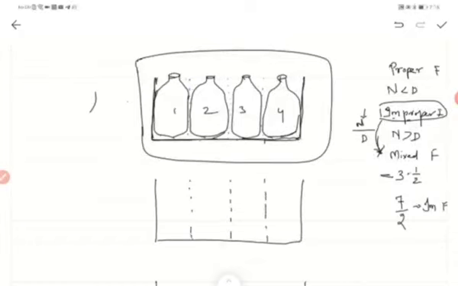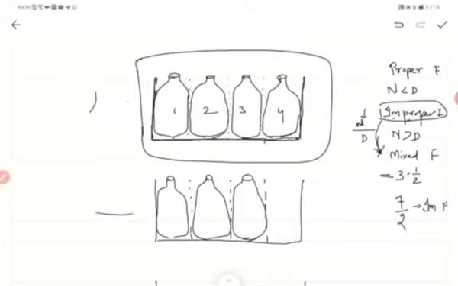Now when the same tray is filled up with only 2 bottles, let me take 3 bottles. So the same case, now I will have only 3 bottles and 1 is empty. So how do I represent this? In the denominator you will write how many you can accommodate: 1 2 3 4, 4 bottles.